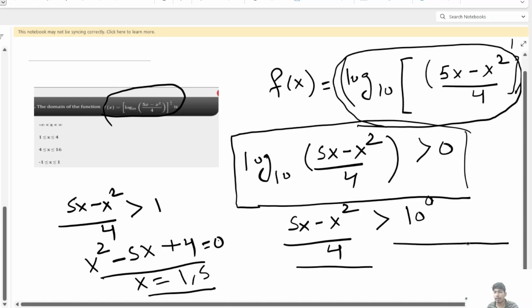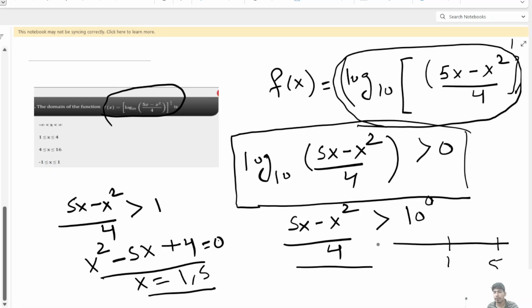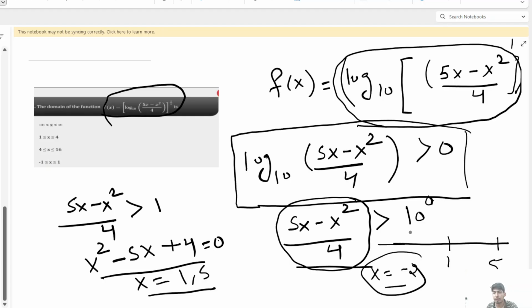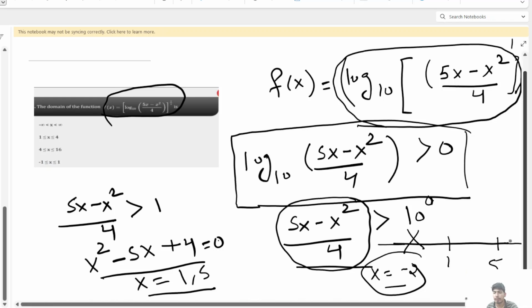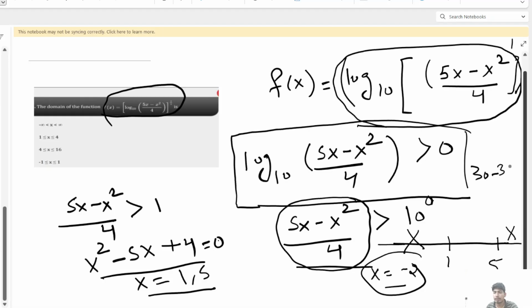Then we see by number line. Here is 1, here is 5, and where this value becomes greater than 1. Let us choose x is equal to minus 2. Then this value is not greater than 1. Let x be 6, then this is also negative because 30 minus 36 divided by 4 is not greater than 1.